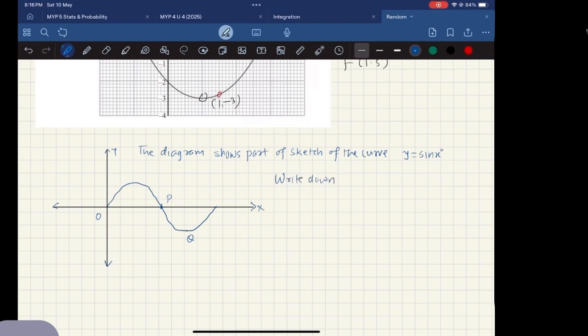You have to find the turning points. There are 2 of them. You have to find the coordinates of the point P and point Q. If you find the coordinates of P, that will be 1 mark. Coordinates of Q, that will be 1 mark.